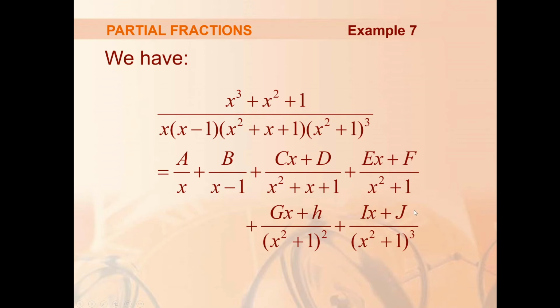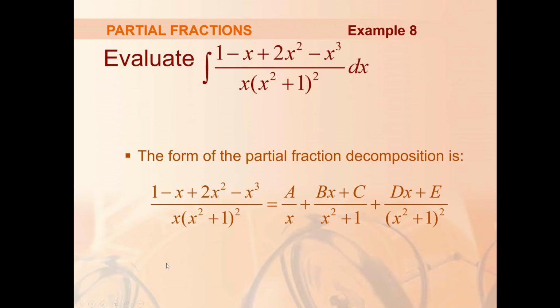Okay, so now for this one, once you do the partial fraction decomposition, you want to solve for a, b, c, d, e, f, g, h, i, and j. Okay, so that's one of those examples. So try to do it that way, there's going to be a lot of things that we need to solve. But now let's take a look at the other problem here.